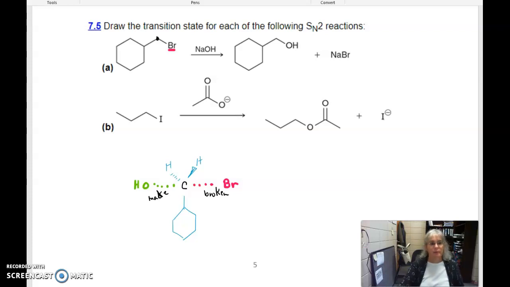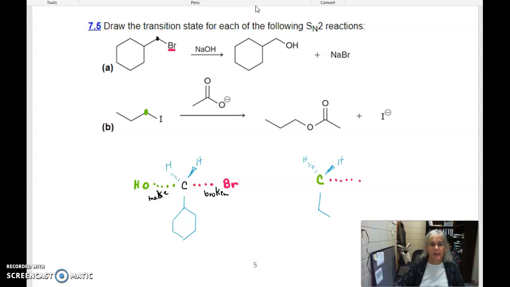Okay, so let's look at this one. This is the carbon. That's the carbon of interest. So we'll draw him here. That's our carbon. And it is attached to 2 hydrogens. We'll go back to our blue for the hydrogens. And it's attached to, looks like, an ethyl group. On one side, it's going to have an iodine.